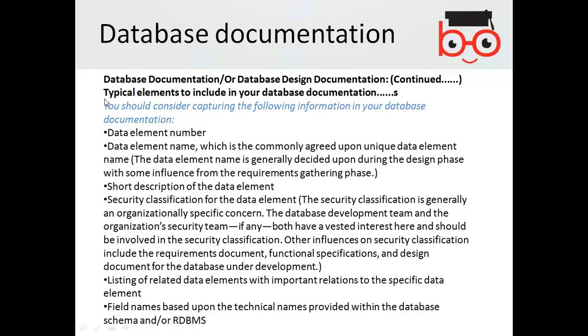Now, the elements to include in your database documentation can be, for example, which data members you are using, what their names and descriptions are, and which security options are provided for them. For example, which table is accessible to which users. That's also a concern. The relationships between the elements are also mentioned there.